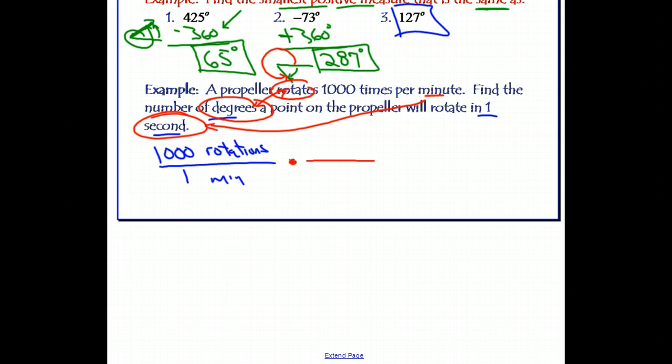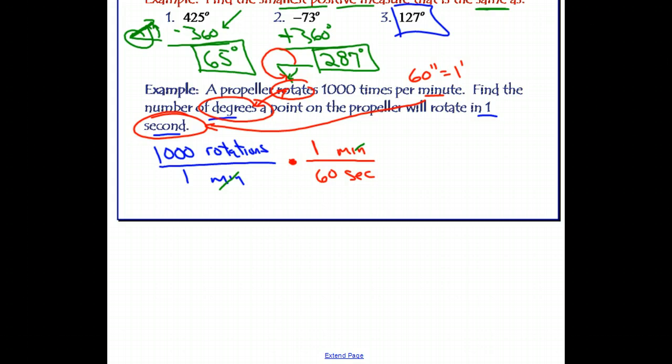I know there are 60 seconds in 1 minute. So I'm going to write that as my factor label. I want the minutes up here, so I can cancel that out with the minutes down there. So 1 minute is the same as 60 seconds.